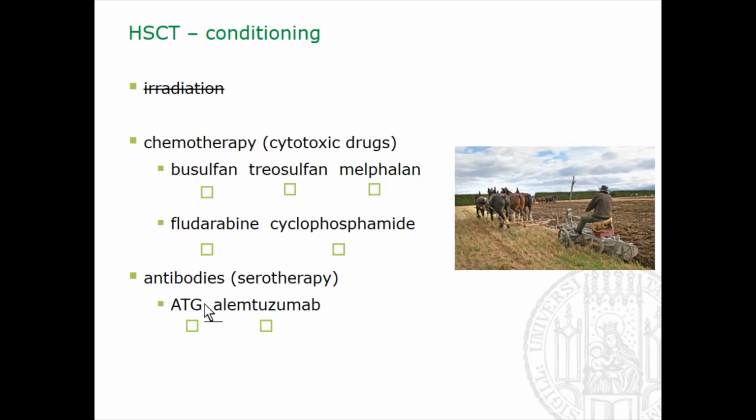And then we usually combine this with so-called serotherapy or antibodies that are used to target the recipient immune system and have become quite important for transplant. So for example, we would pick a combination of these three, and that would make up the conditioning regimen.